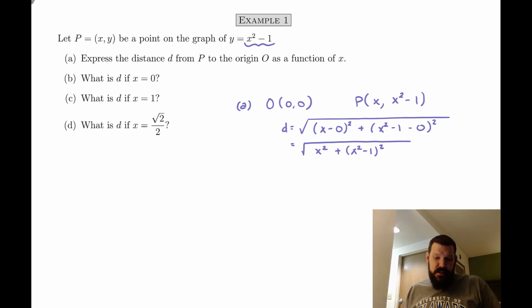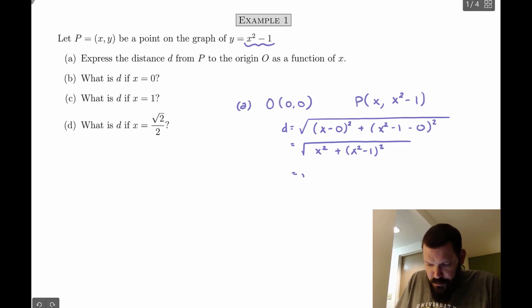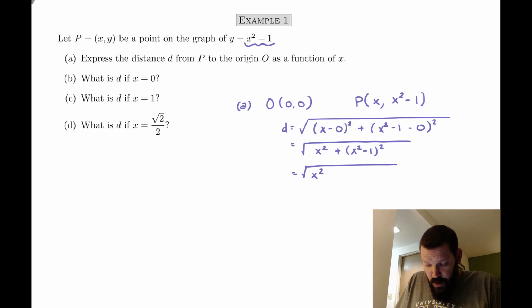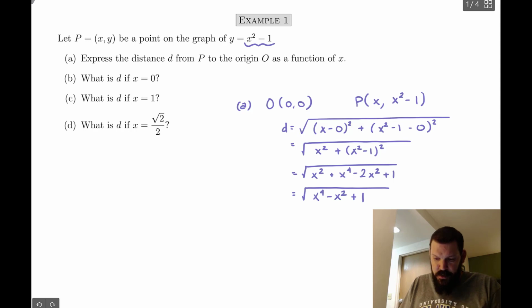We can leave it like this. That's our distance for any given value of x, or we can clean it up a little bit more if we'd like. When we expand the x squared minus 1 quantity squared, we get x to the 4th minus 2x squared plus 1, which further simplifies to x to the 4th minus x squared plus 1.